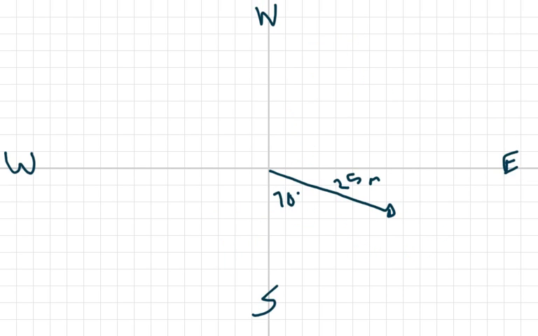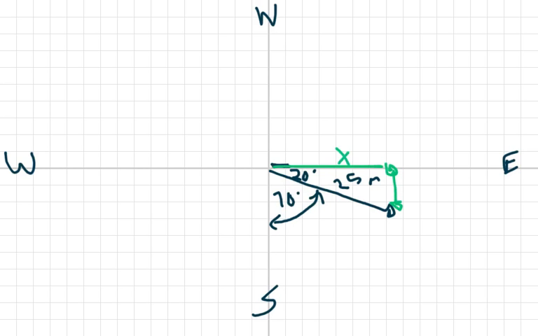The next one, I have 25 here, and the 70 degrees is on this side. So what I'm going to do, so I don't get confused with my x and y, is write this as 20 degrees here, because they're complementary angles, so they should add up to 90 degrees. And then I'm just going to draw my x component and then my y component.